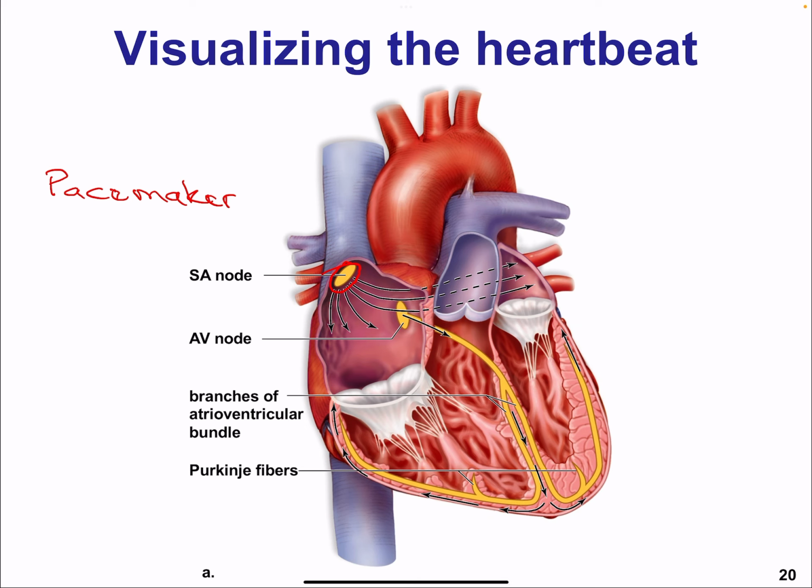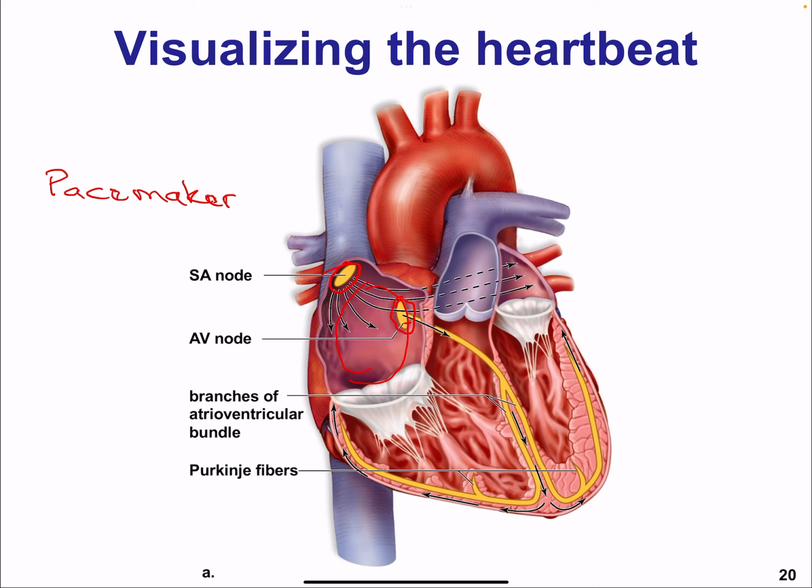It determines when the heart is beating or when it's not beating, right? The pacemaker. So that electric impulse is going to travel in the tissue of the heart here, in the atrium. Then it is going to hit another center that is called the atrioventricular node.